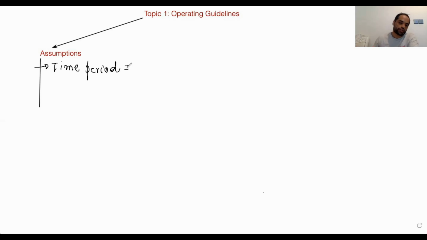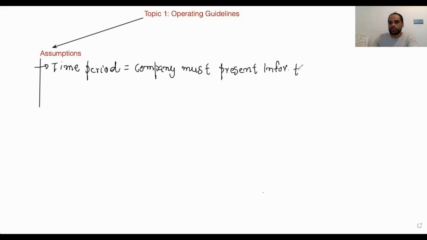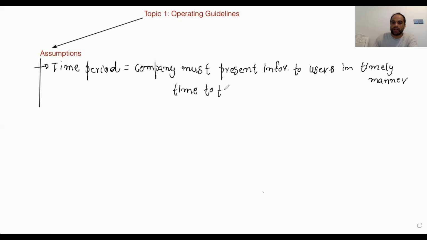According to the time period assumption, a company must present information to users in a timely manner. What does it mean? In simple language, a company must provide information to users from time to time.